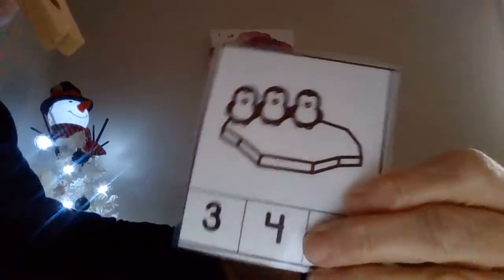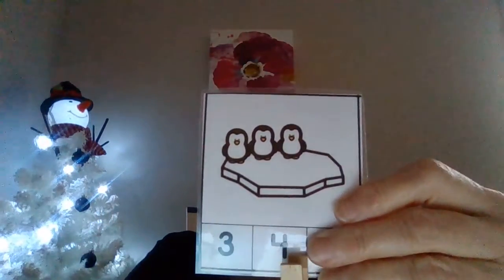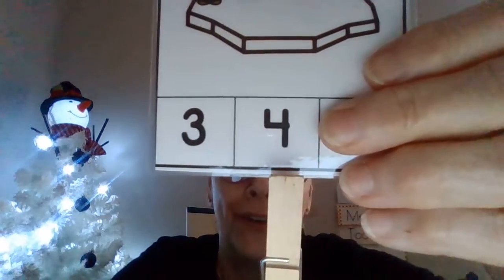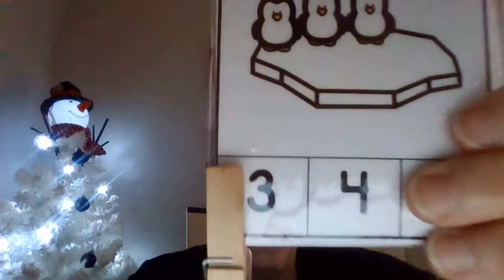So I'm going to cross out one number. Is that 3 or is that 3? Which number is 3 down here? 1, 2, 3. Here it comes. No, that would be the wrong answer. That's not right. That's 4. There it is. There's number 3.